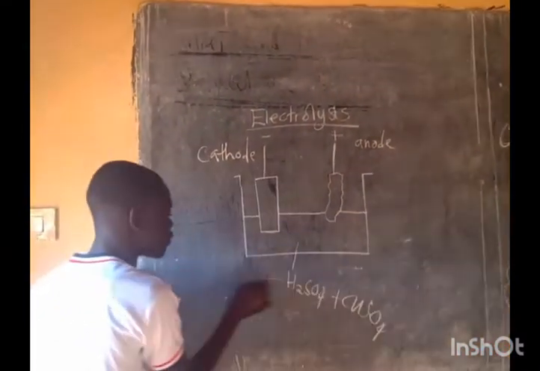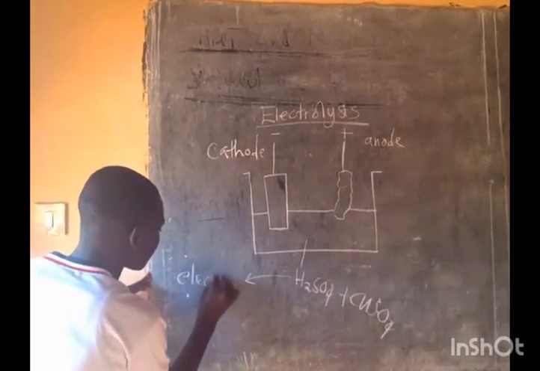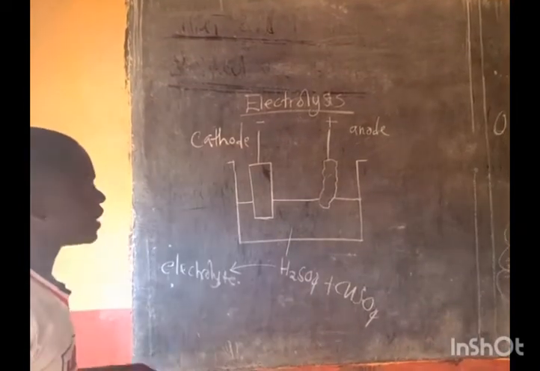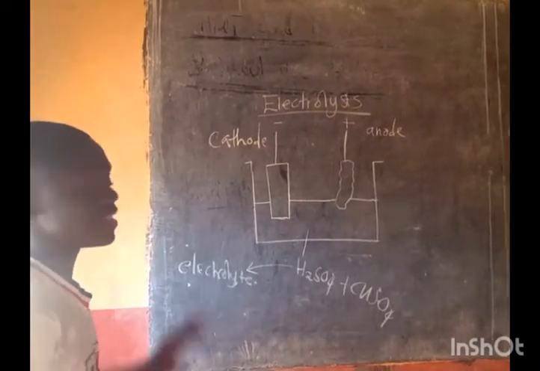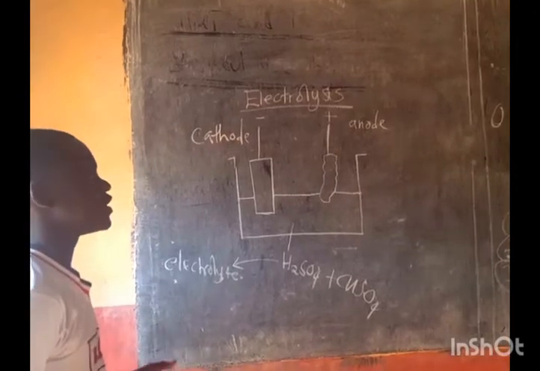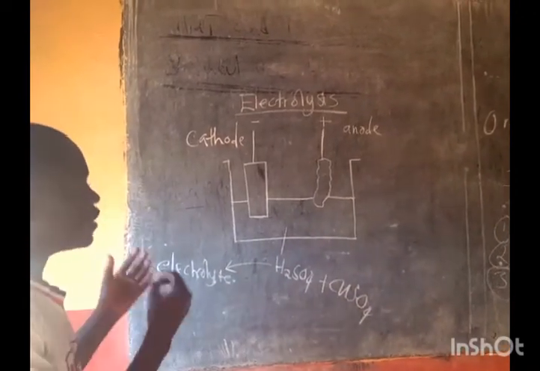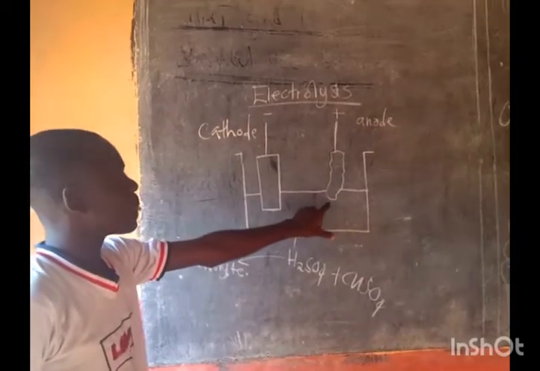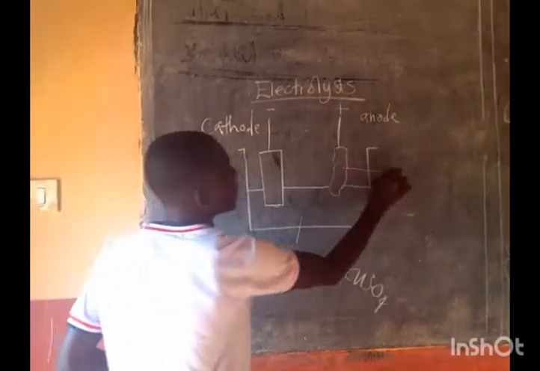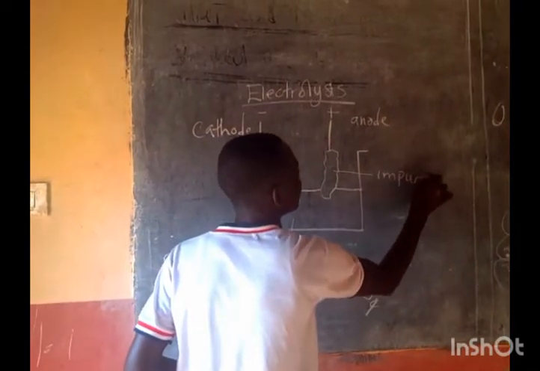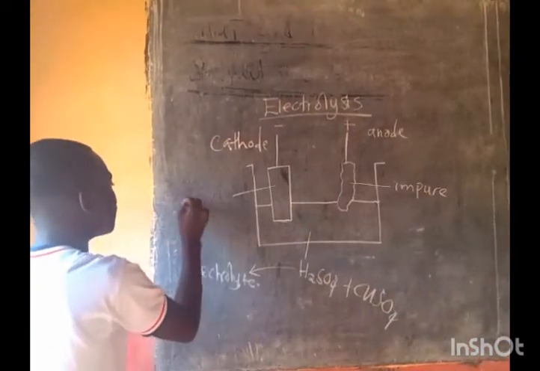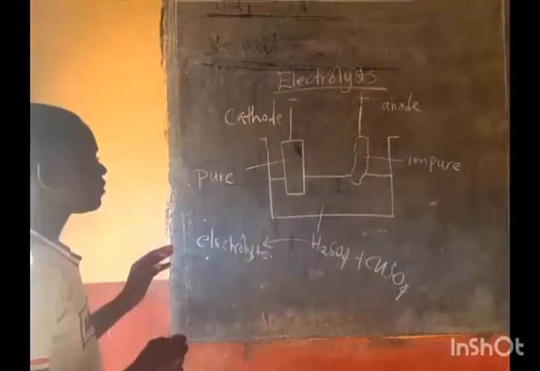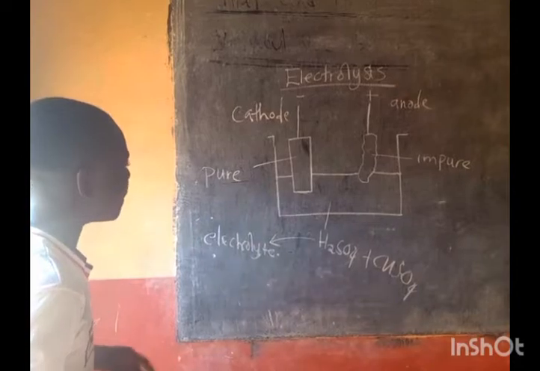So this is the electrolyte. And if you remember very well in grade 9, you learned about an electrolyte, which is a liquid that conducts electricity, or the liquid that is used during the process of electrolysis. So on our anode we have our impure copper, and on our cathode we have the pure copper.